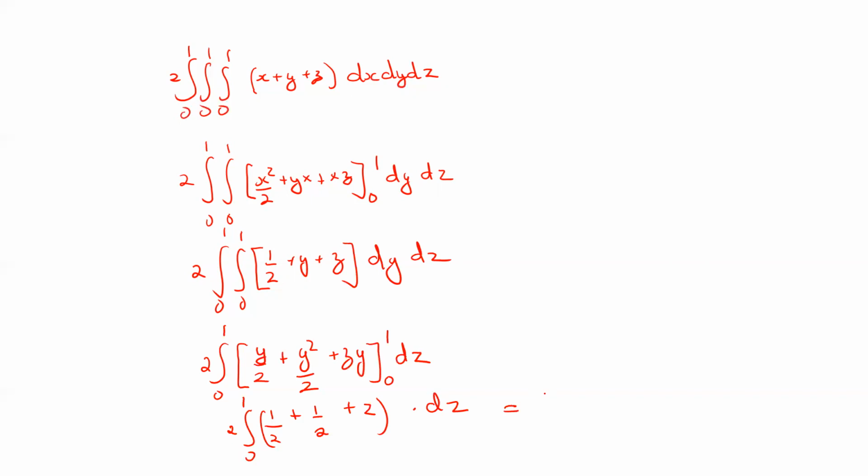The 2 remains outside, and when you evaluate the integral you get z by 2 plus another z by 2 plus z square by 2, with upper limit minus lower limit in place of z.